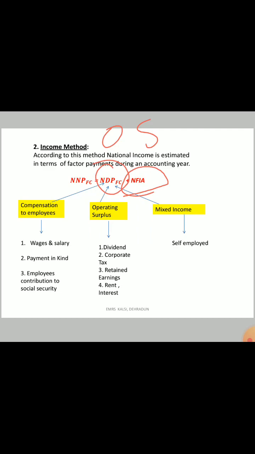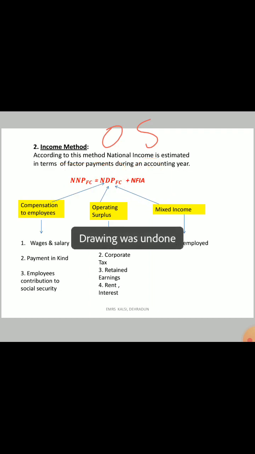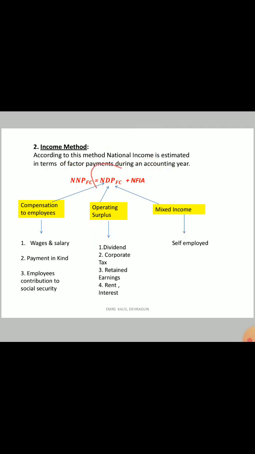Plus NFIA means the Indians who are living abroad, their income will also be added. Then we will get our national income. So through this method we can calculate the national income through the income method.